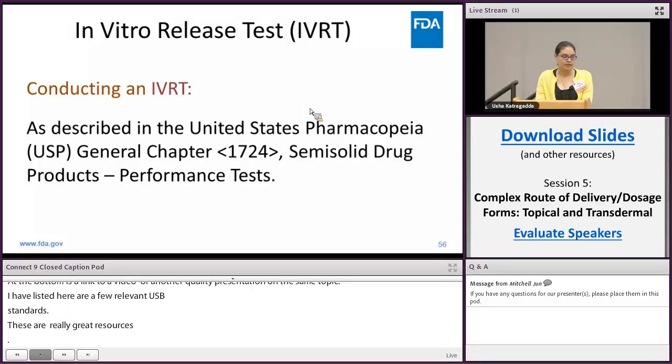The presentation is divided into 2 topics. IVRT, starting with general information on IVRT: the pivotal study comparing drug release results between test and RLD should be performed as specified in the USP General Chapter 1724.